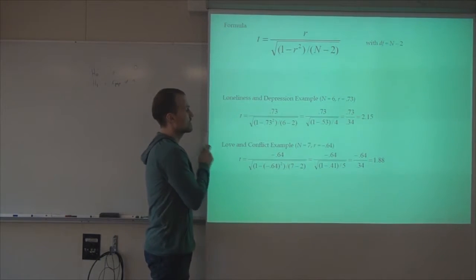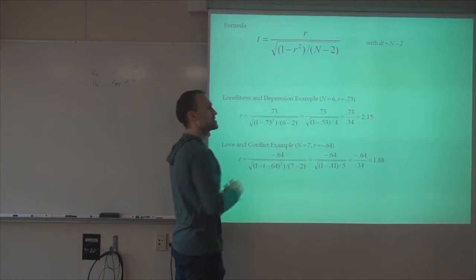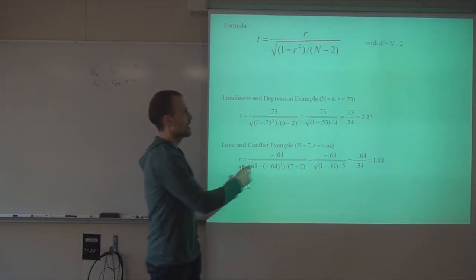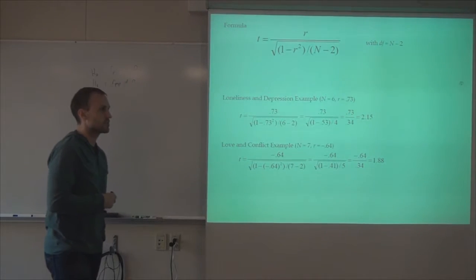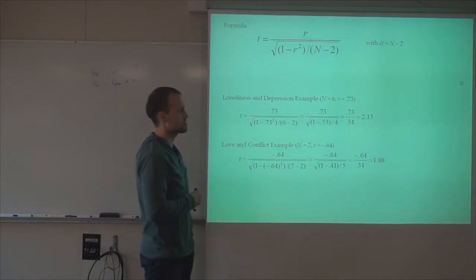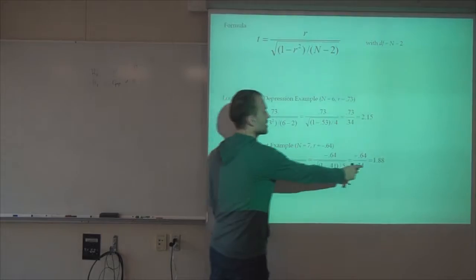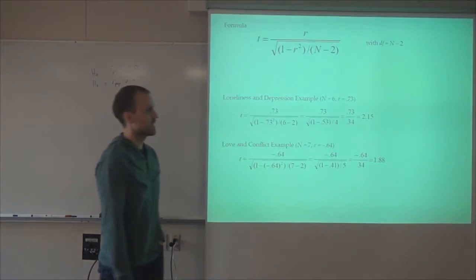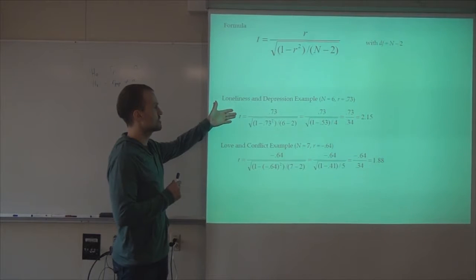And in the love and conflict example, I had a sample of 7 people and got an observed correlation coefficient of negative 0.64. The t-score corresponding to that is 1.88. So let's look at the first one, for example.